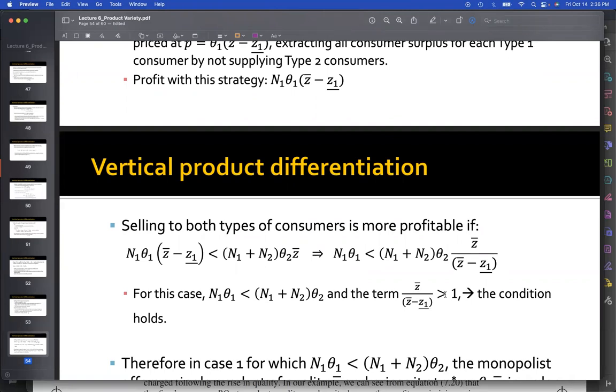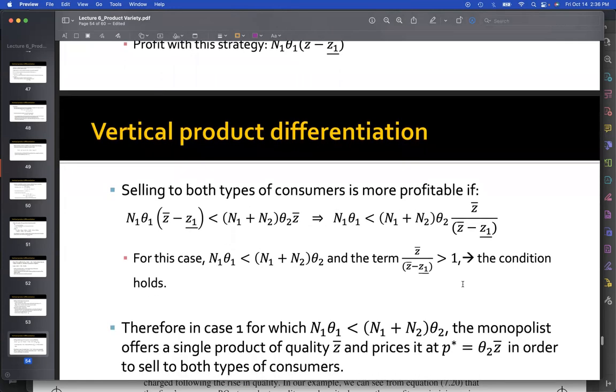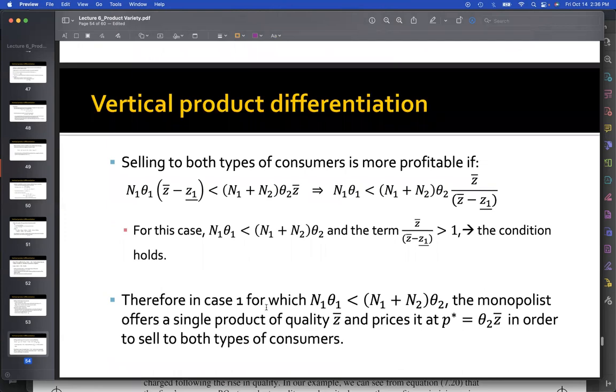So then you'd want to sell to both types of consumers. Therefore, in case one, in which this is true, the monopolist offers a single product quality of Z over bar and prices it at P star equals theta Z over bar in order to sell to both types of customers.